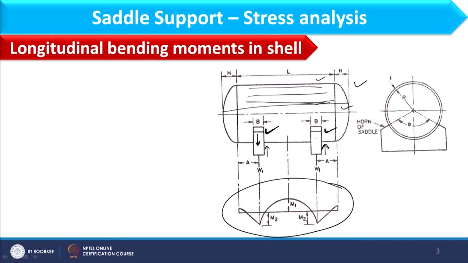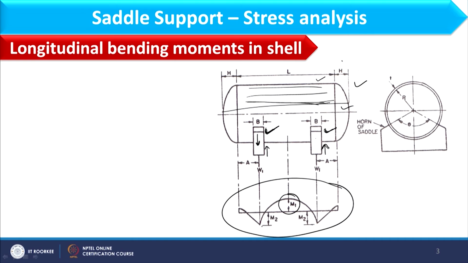So, the moments caused by the saddle supports will be denoted by minus sign, and whatever is created by the weight of the shell itself at the center of the beam will be denoted by plus sign. Considering this, in this moment diagram, this M2 and this M2 will be negative, however, this M1 would be positive based on the discussion we have just done.